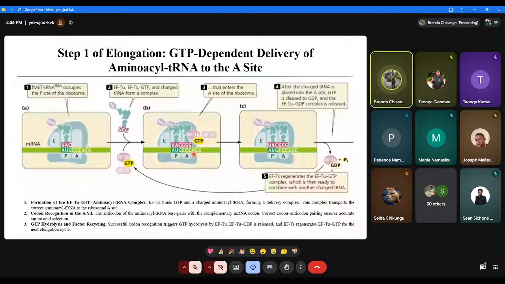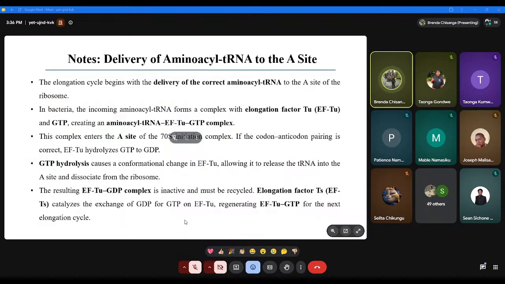Once that is done, the elongation factor that escorted this tRNA to the ribosome has to dissociate with the aid of GTP hydrolysis. Now, when you hydrolyze your GTP to GDP, it has to be regenerated. This is facilitated by another elongation factor, TS. The next slide has just notes for us to go through that process.